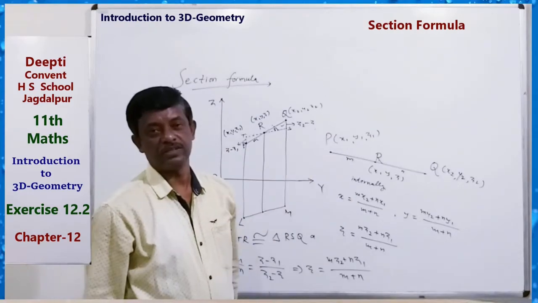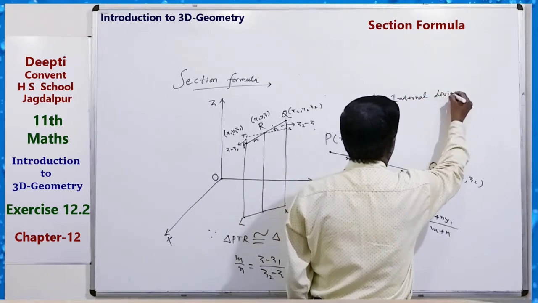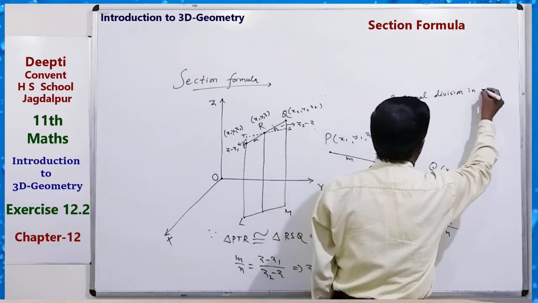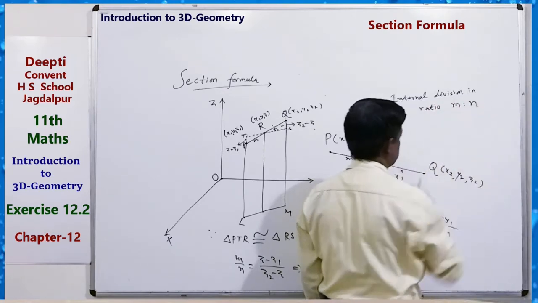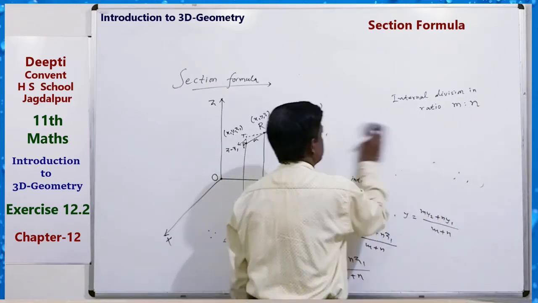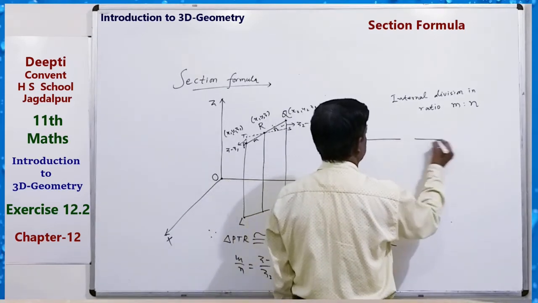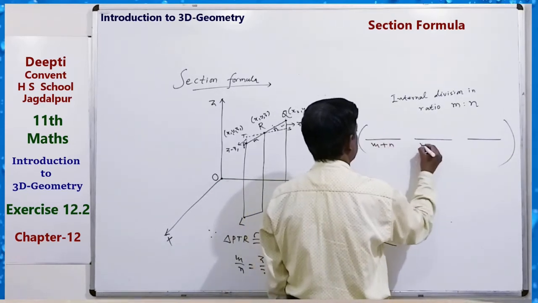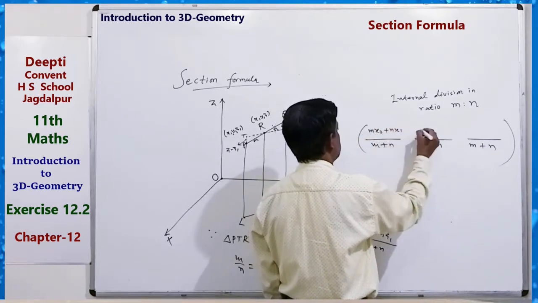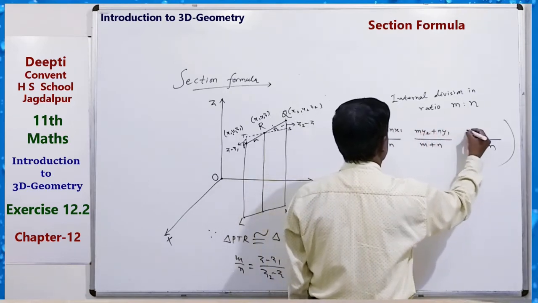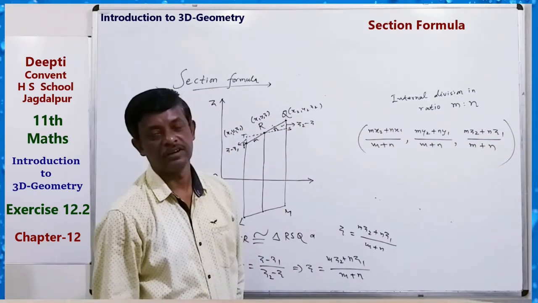So the formula for internal division in ratio m:n is: m x2 plus n x1 over m plus n, m y2 plus n y1 over m plus n, m z2 plus n z1 over m plus n. This is the internal division formula.